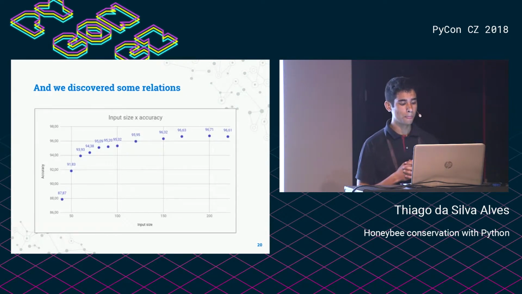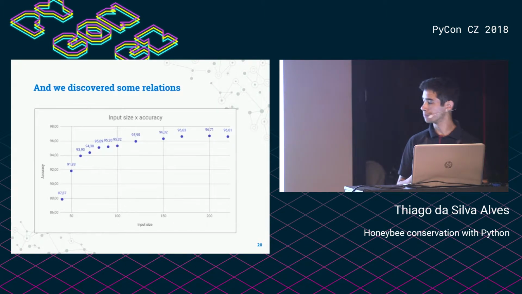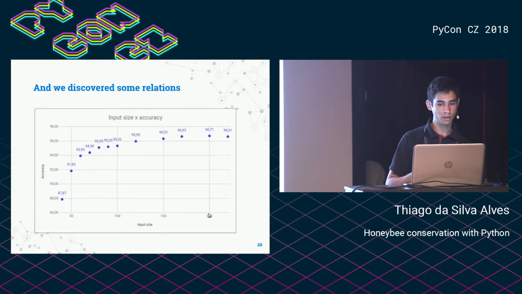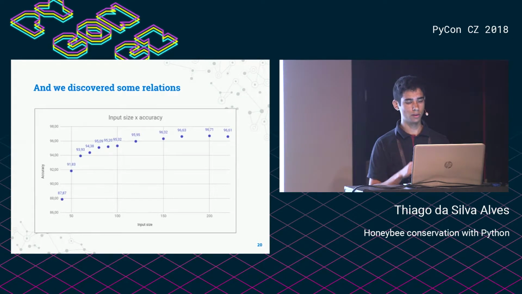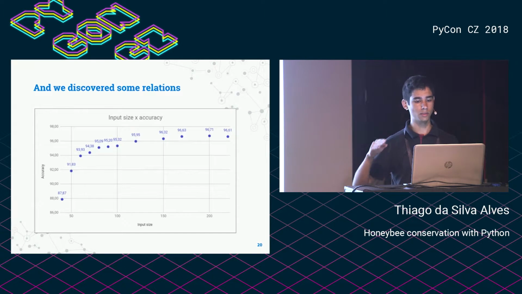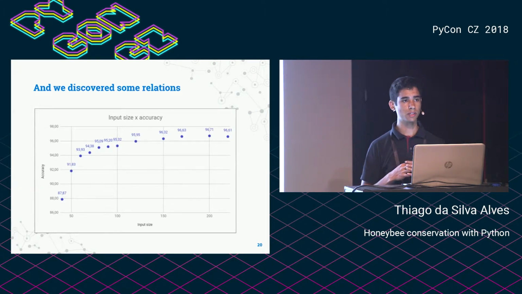For example, the input size of the image impacts the accuracy with high confidence. As you can see, the bigger the input image, the bigger the accuracy in almost all the cases. After some size, it starts to decay. But it was a good point that we discovered.